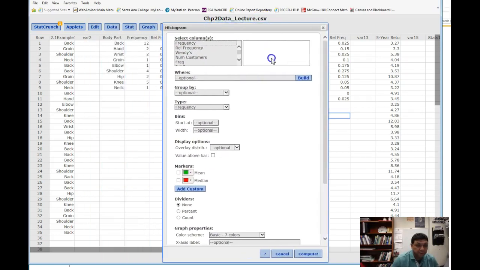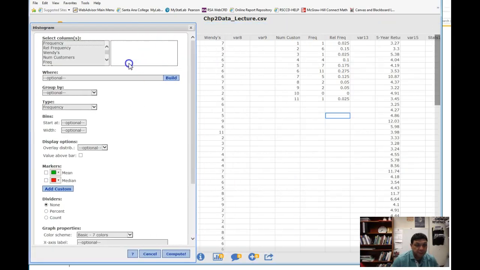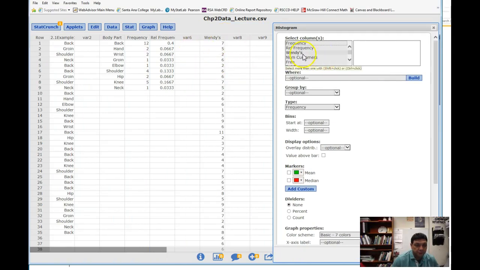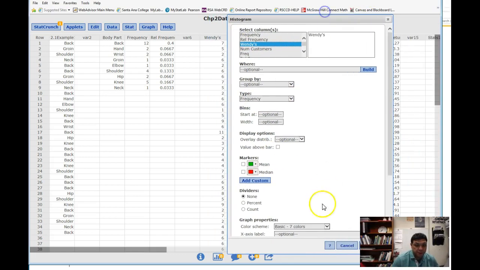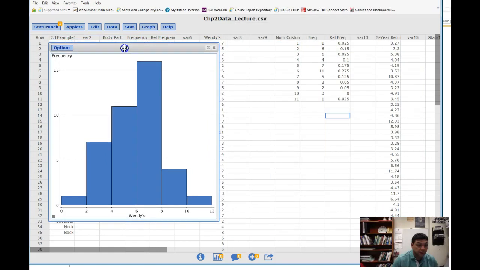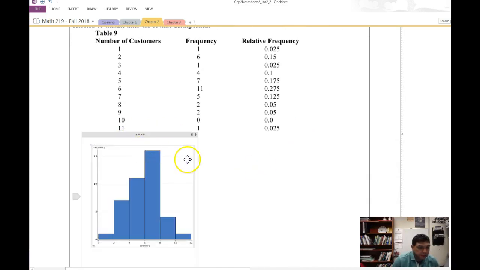That's what the table looks like, but we're going to use this raw data. So if I choose Wendy's, here's all this raw data. We're going to make a frequency histogram, and then you just hit compute. There is your frequency histogram, the graph from StatCrunch that we created.